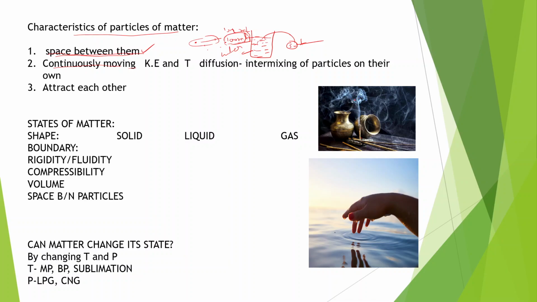And this incense stick is matter because it is occupying space and having mass, and the smoke it is releasing also is matter because it is occupying some space and has some mass, and these particles of smoke from the incense stick are continuously moving. How can you say it is continuously moving? Because even if we are far away from this place, we can smell this, right?